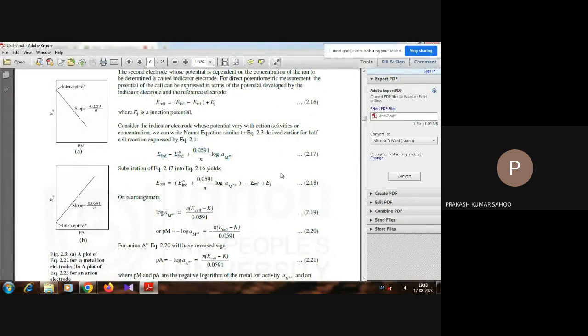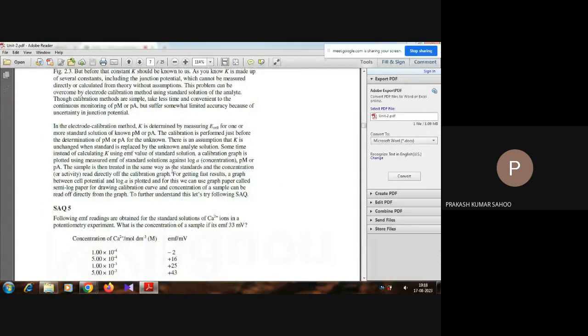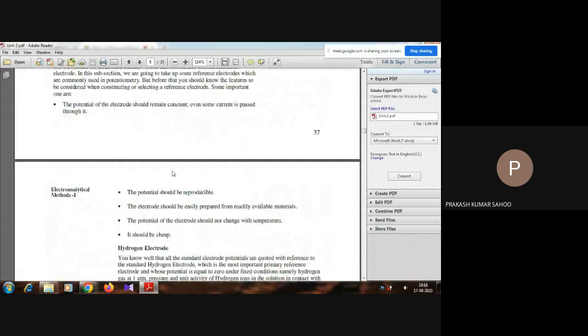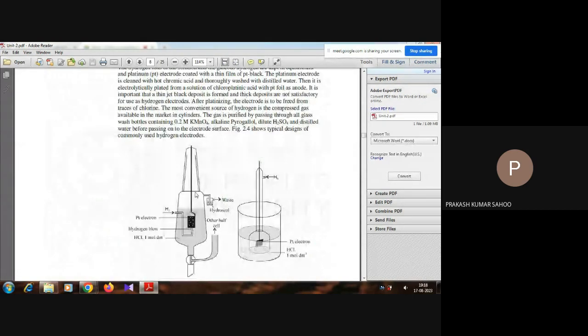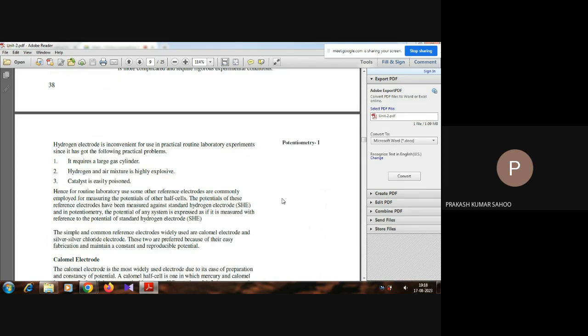This is the standard hydrogen electrode, where platinum is here and hydrogen gas is bubbled. The acid solution is taken as H plus, and this H plus is converted to hydrogen gas.